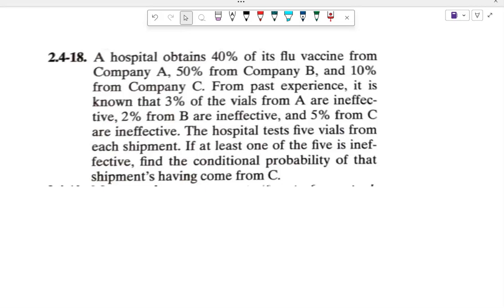The hospital is going to test 5 vials. If at least one is ineffective, we want to find the probability that it came from C. So again, just writing down the conditional here, we want the probability that it came from company C given at least one ineffective. Right, that's the probability that we're looking for.